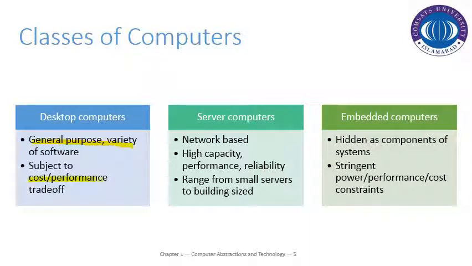In order to get higher performance, we have to compromise on cost, so we have to pay more, and that is a trade-off while picking any desktop computer to perform a specific task. So there is always a trade-off between the cost element and the performance element. Sometimes cost is important to us, and sometimes performance is important to us.